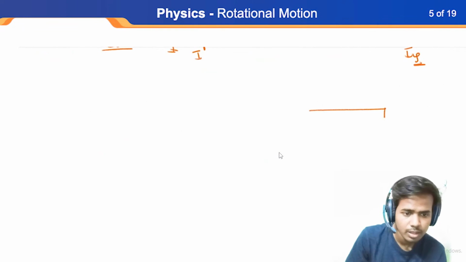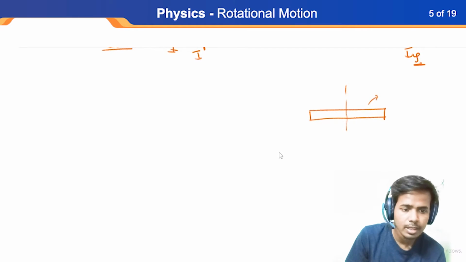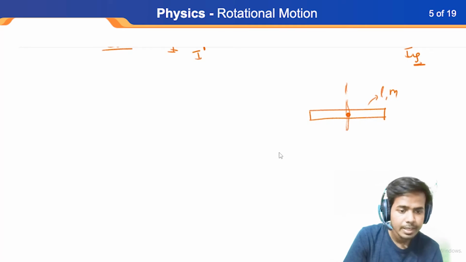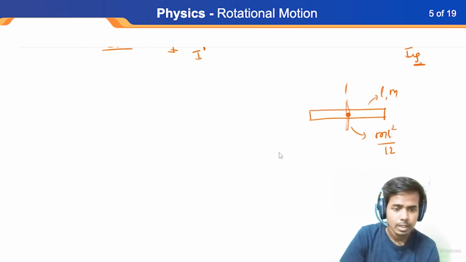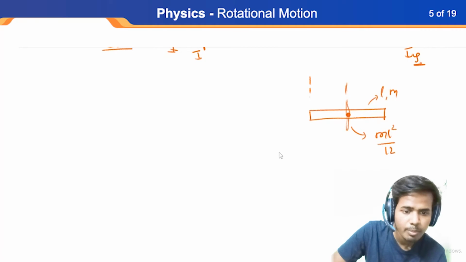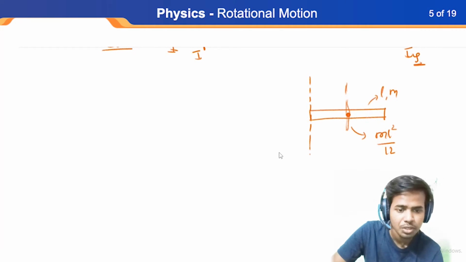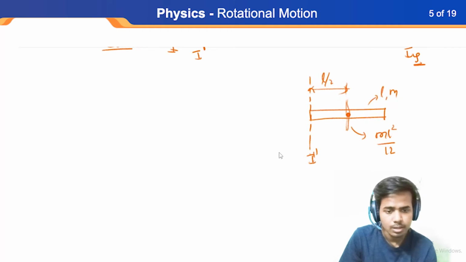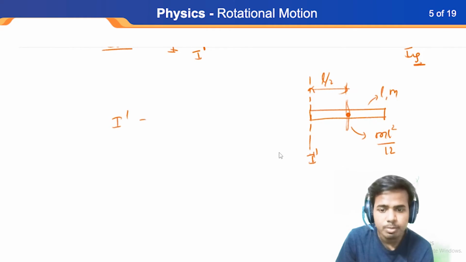For example, there is this rod which rotates around this axis, having length L and mass M. Around this axis, which passes through the center of mass or the center of the body, it is equal to ML²/12. Now, if you have to find the moment of inertia along this axis of rotation, which is at L/2 distance, then this I' will be equal to, what should we apply here?